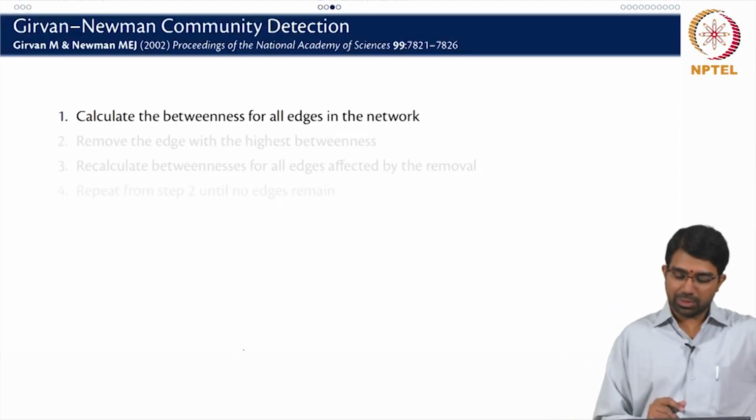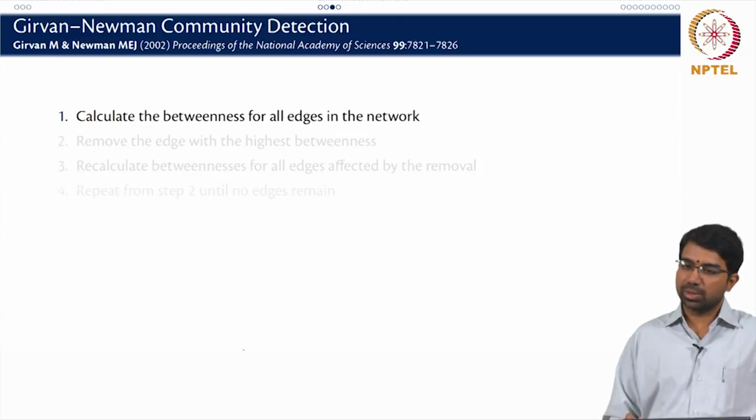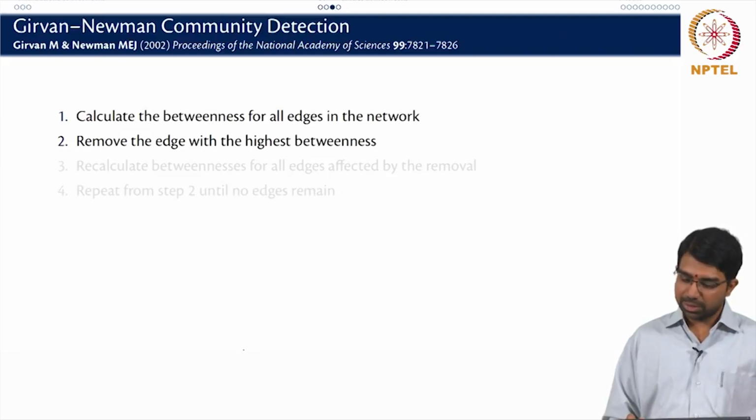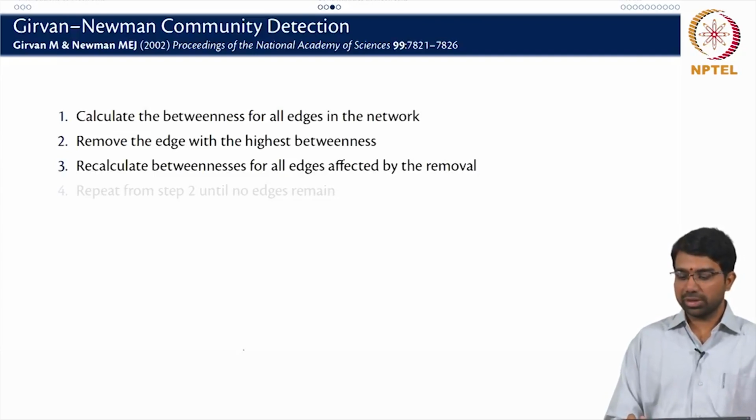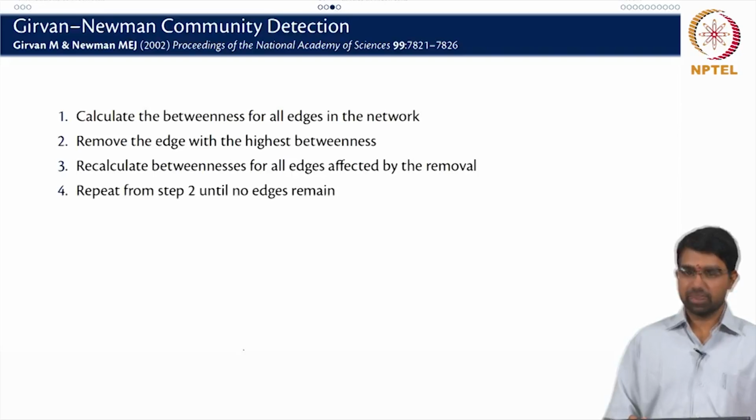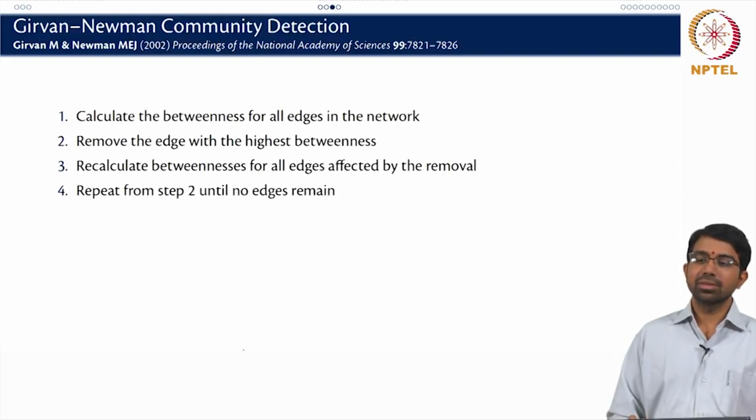You first calculate the betweenness for all edges in the network. You then remove the edge with highest betweenness, recalculate betweenness for all the edges that have been affected by the removal, and repeat. What will you have at the end?